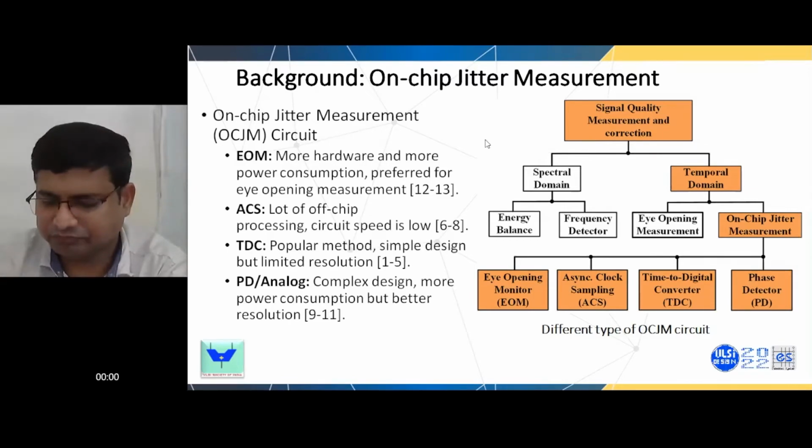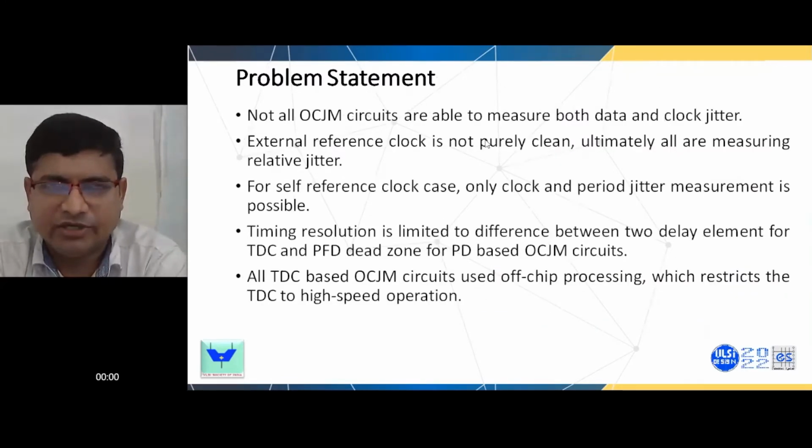These are the limitations we found in previous research work. Not all OCJM circuits are able to measure both data and clock jitter. Some use a reference clock, though the reference clock is not pure, so they are finally measuring relative jitter.